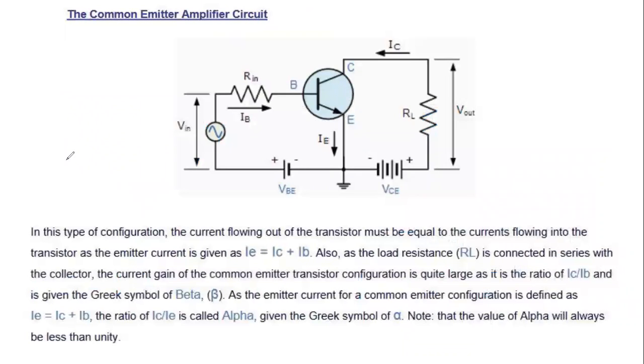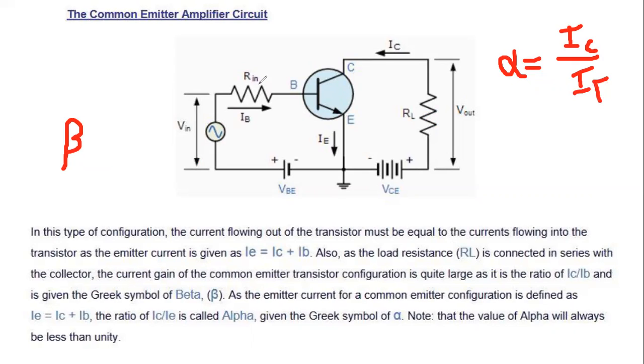One important thing before going to the next slide is that in the common emitter circuit, a new parameter arrives, that is beta. In the common base configuration, we got alpha. Alpha was the output current by the input current. The output current was IC in the common base, and the input current was IE. That was a useful equation.